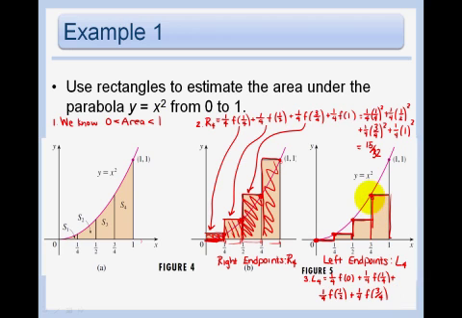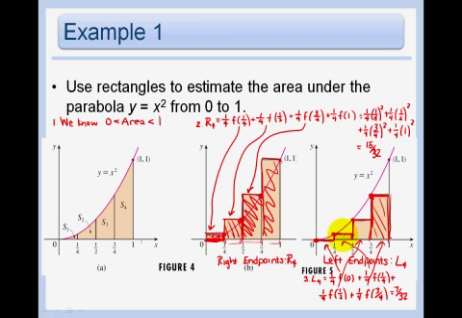You see that? Because I'm going left. So that's the last one that I make. And that should come out to 7/32. And that is clearly an underestimate. There's a lot of white space here.